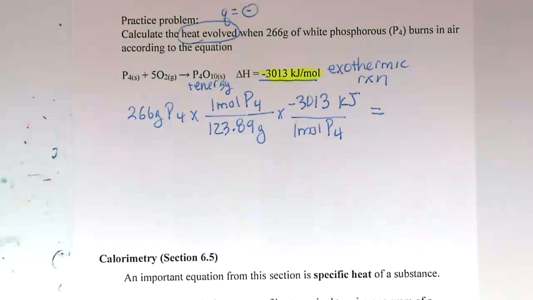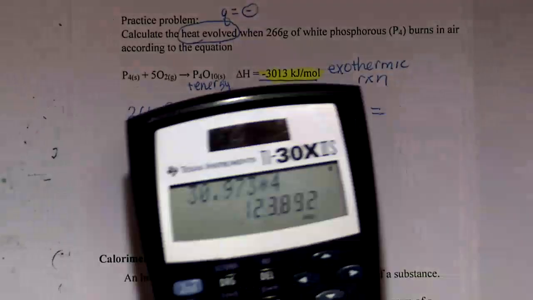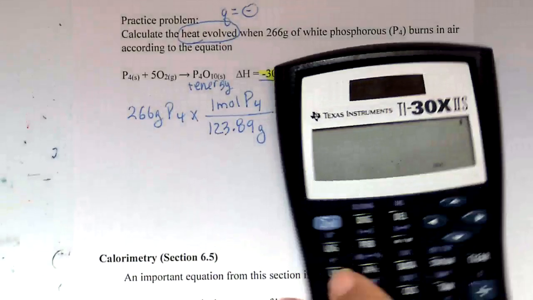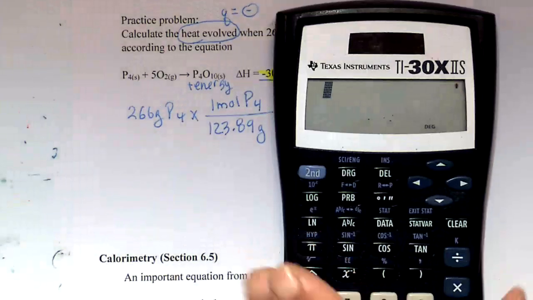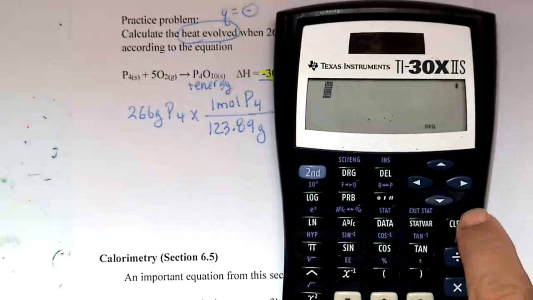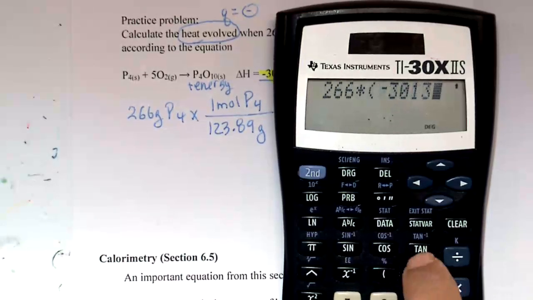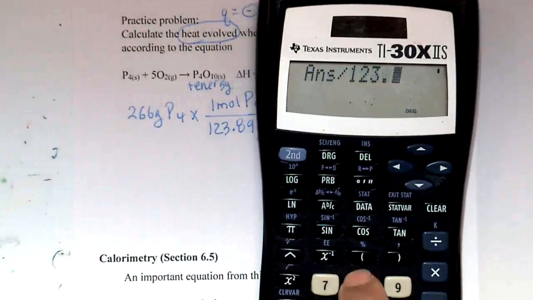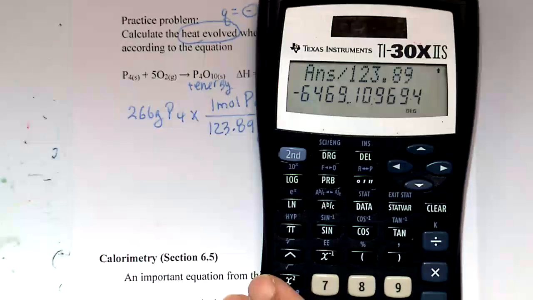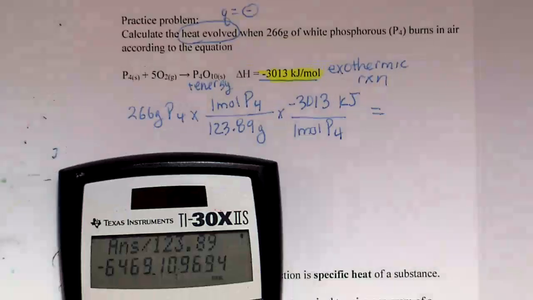So per mole of P4, we will get 266 times minus 3,013, divided by 123.89, about minus 6,469 kilojoules.